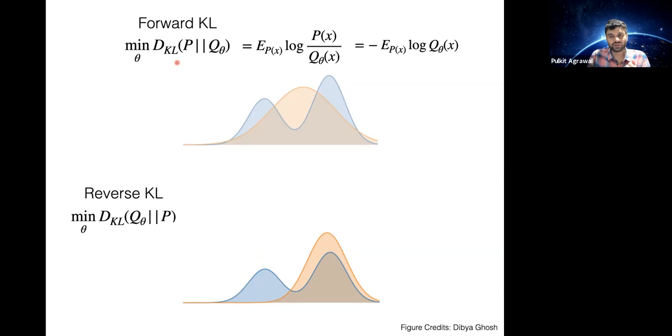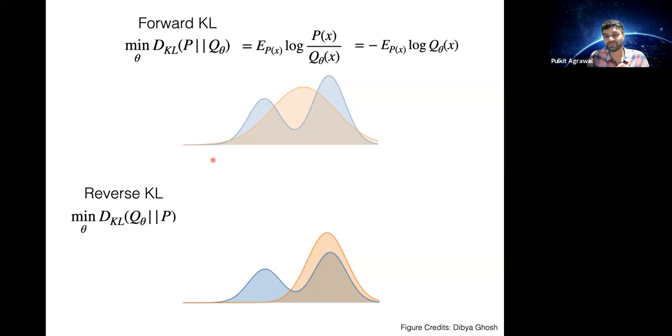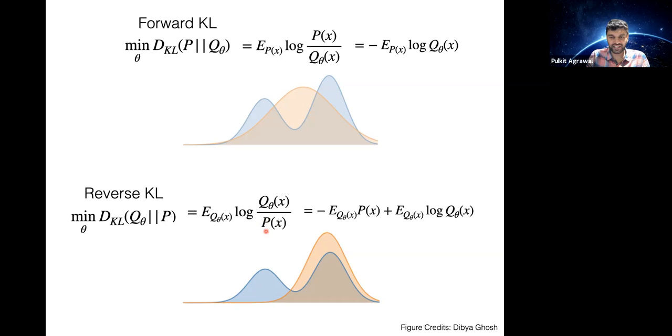So forward KL is capturing the mean and reverse KL ends up capturing the mode. So depending on what you care about, you can use forward KL or reverse KL. We can again open up reverse KL also, and this is the form that we end up with if we open up reverse KL.